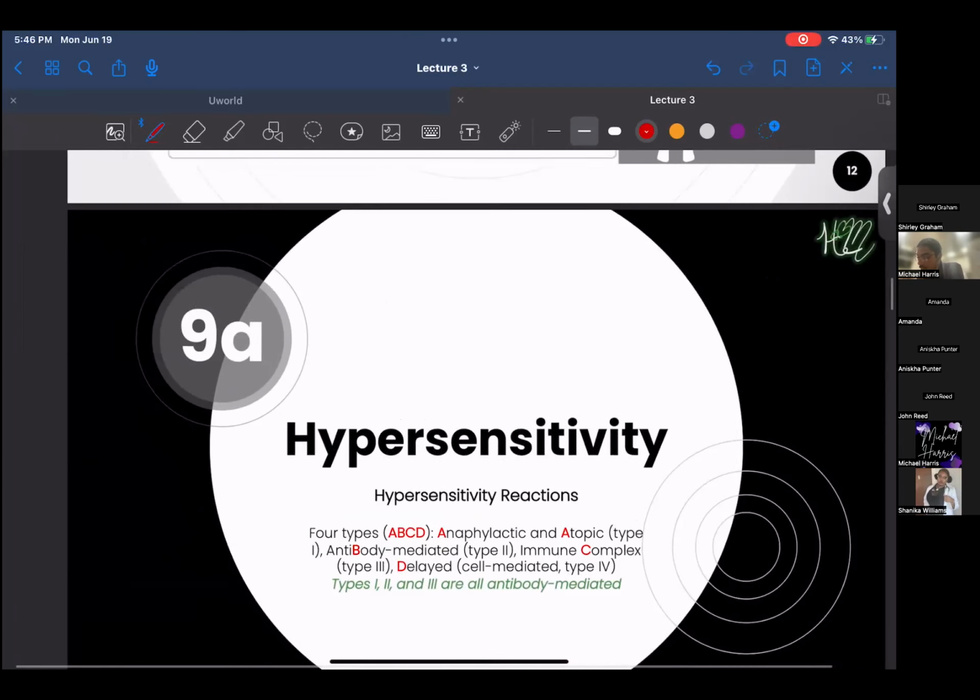Next thing we're going to talk about now is hypersensitivities. There's four of them. Type 1, type 2, type 3, type 4. Okay? They have different protocols or different requirements behind them, right? So for instance, type 4 is always adaptive immunity, CD8, CD4.